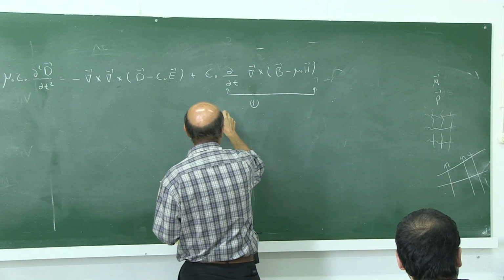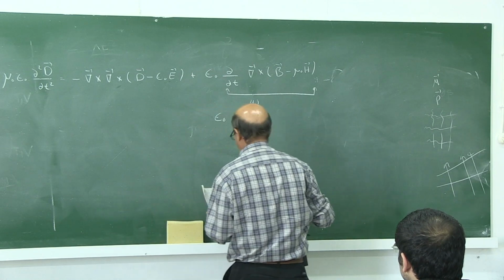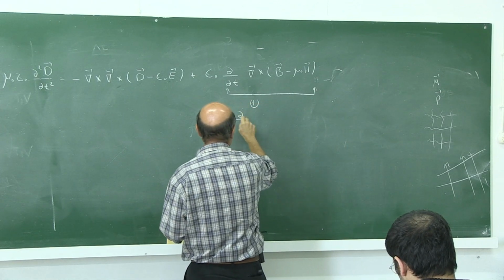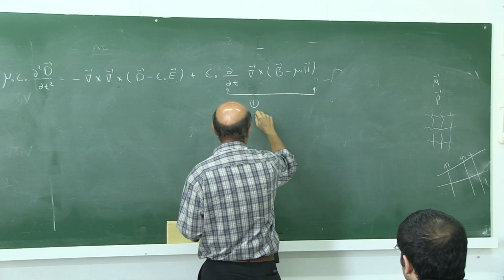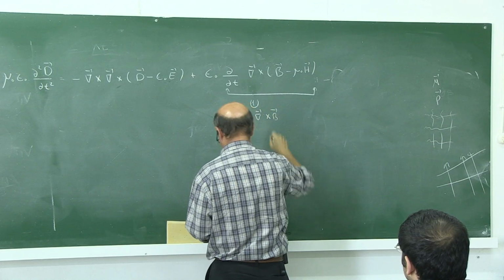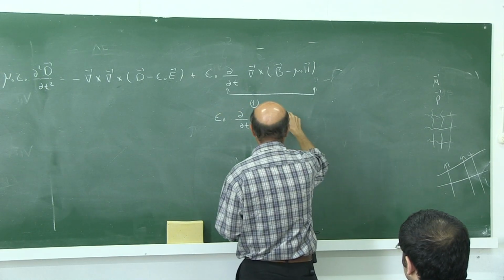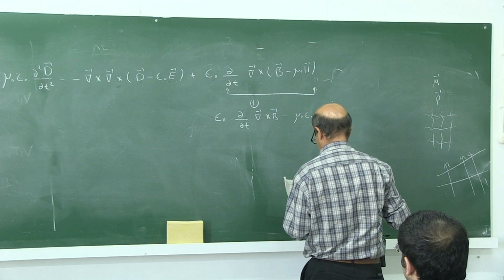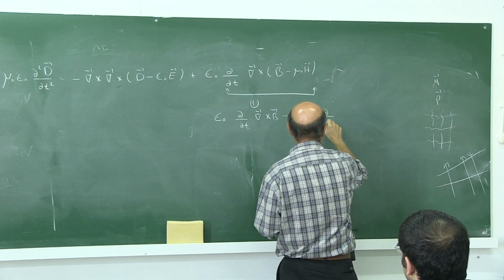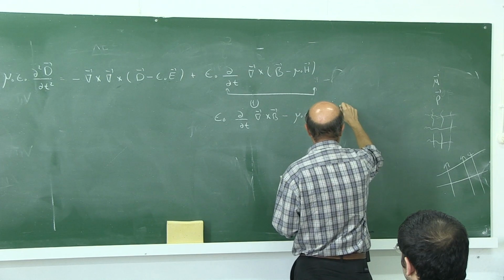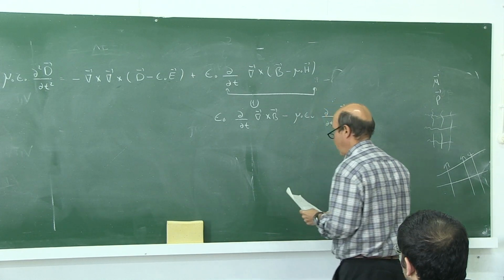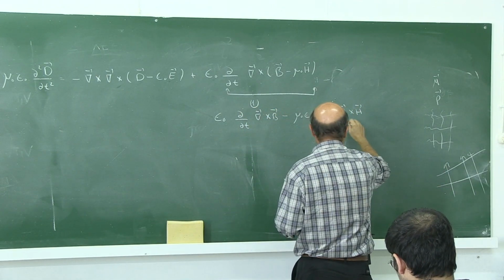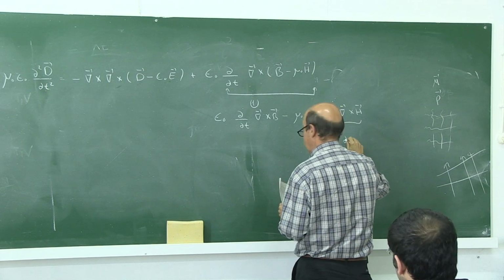So epsilon 0 del over del t of curl of B, minus mu 0 epsilon 0 del over del t of curl of H. So curl of H is nothing but del D over del t.